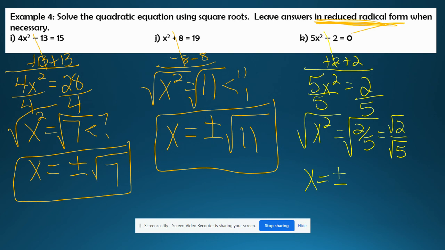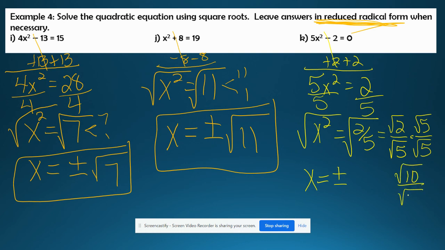But remember at the very beginning of this chapter, section 9.1, we said we're not allowed to leave a radical in the denominator. And so we rationalize this by multiplying the top and the bottom by the square root of 5. On the top, I'm allowed to multiply square roots together, so 2 times 5 is 10.